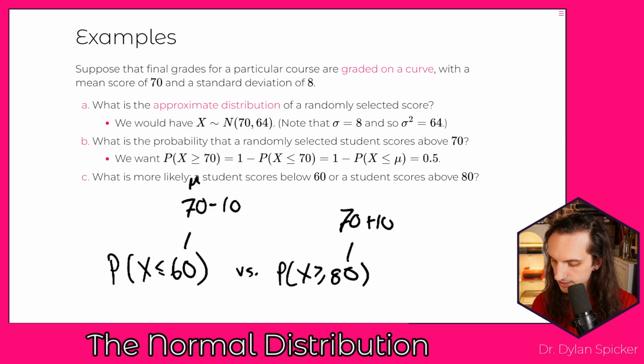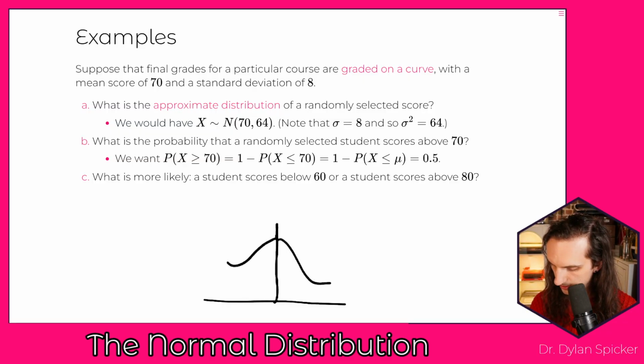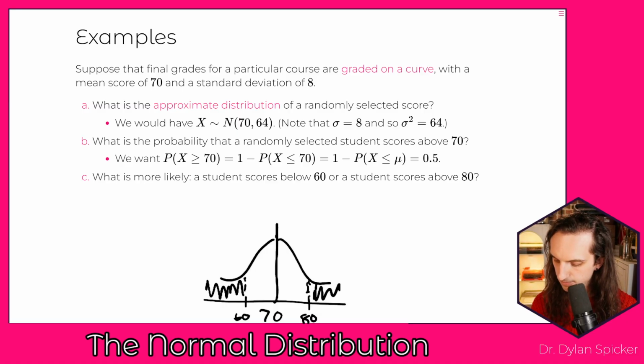If we again sketch out what we're thinking about with our graphic here, we have our bell curve drawn in, and our mean is at 70 here. We want to go down here to 60, and so that's the 10, or we can go up here to 80, so that's again a distance of 10. What we know is that this area on both ends has to be exactly the same.